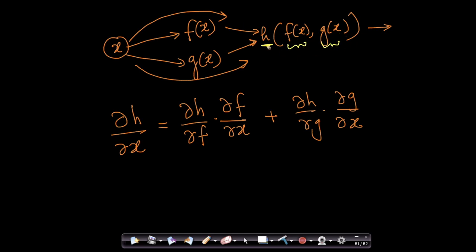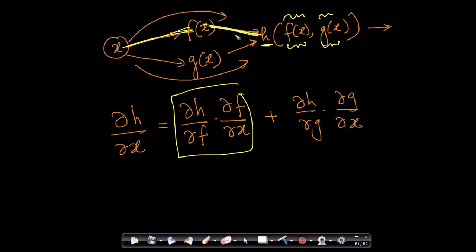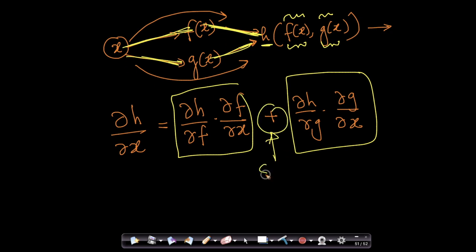So derivative of h with respect to x: this is one path, this is nothing but this path, and this is nothing but this path. So you take the derivatives on both the paths and simply sum them up.